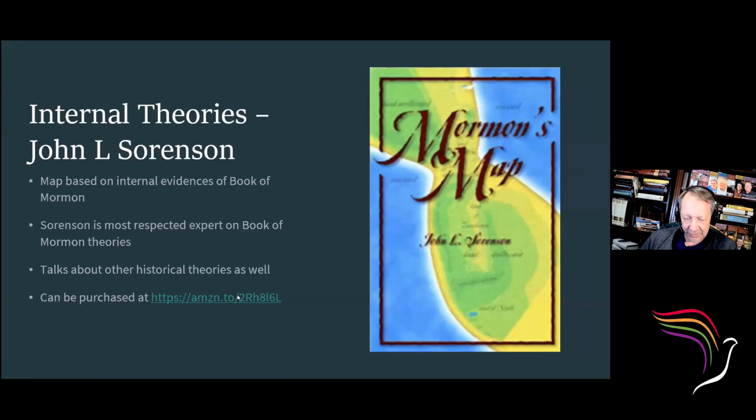John Sorensen has put together a book, and he says we really need to come up with an internal map. This is the cover of his book here, Mormon's Map. You can see a narrow neck of land, kind of a north-south orientation. So this map is based on internal evidences of the Book of Mormon. John L. Sorensen is probably the most respected expert on Book of Mormon theories.